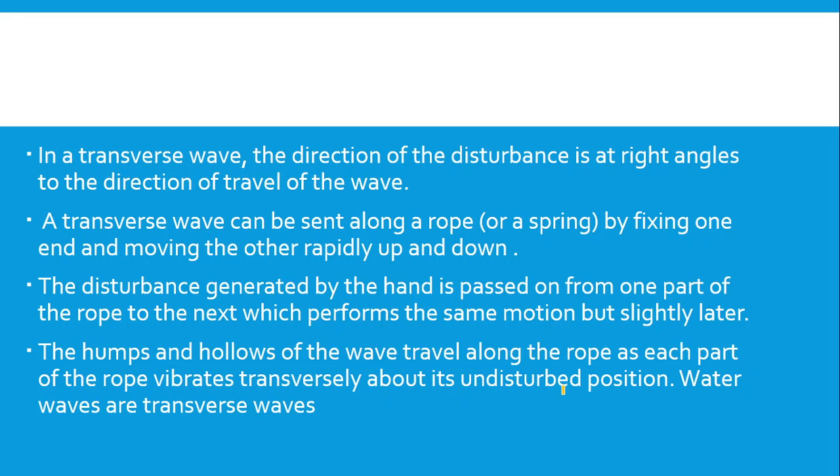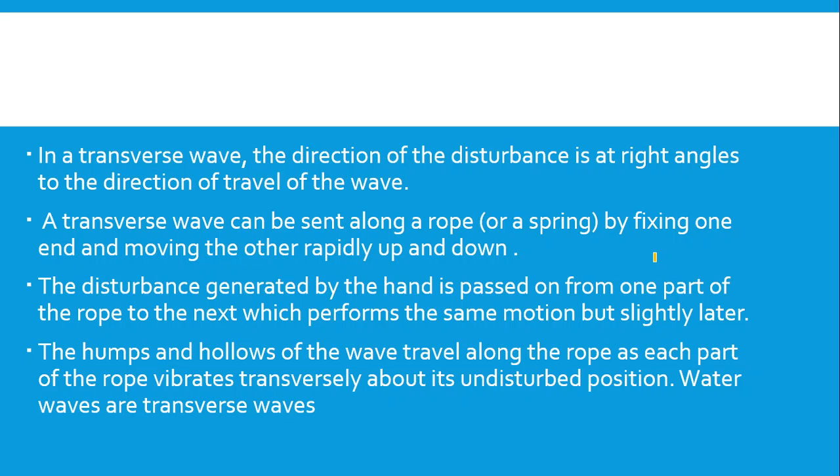The disturbance generated by the hands is passed on from one part of the rope to the next, which performs the same motion but slightly later. The humps and hollows of the wave travel along the rope as each part of the rope vibrates transversely about its undisturbed position.